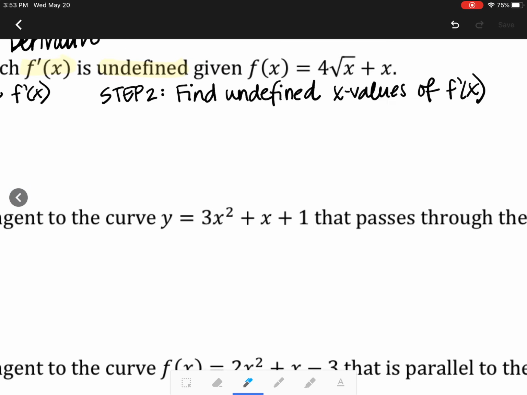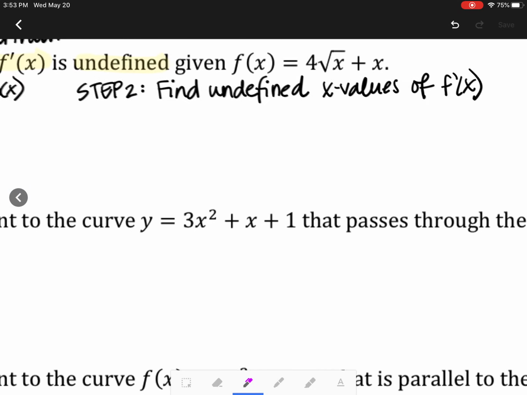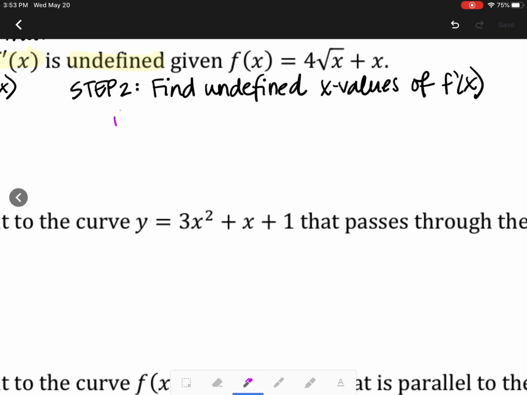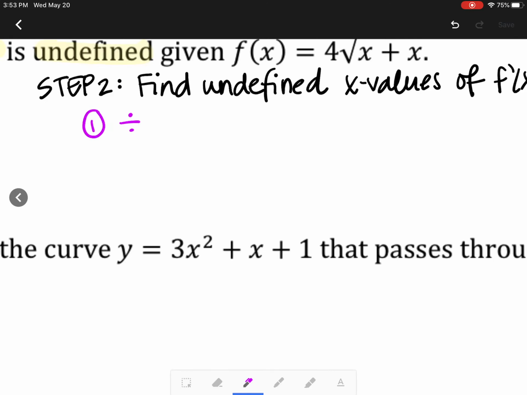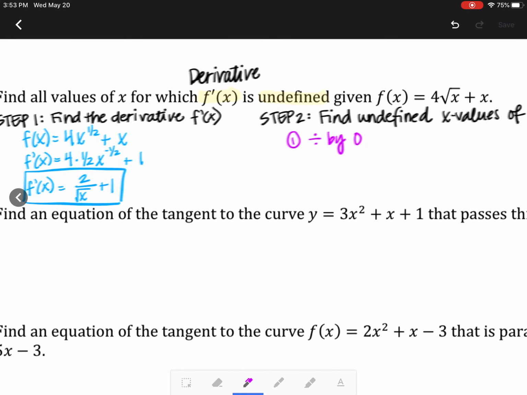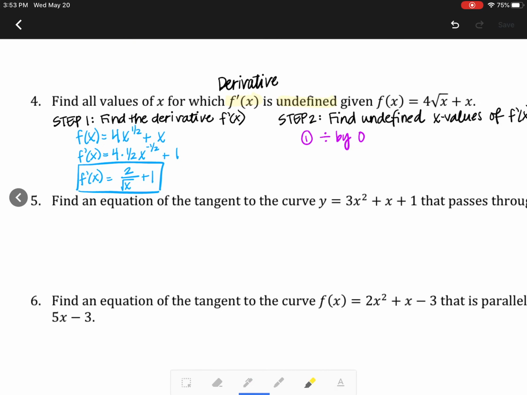But let's just talk through what would cause a function to be undefined. The first thing that we're familiar with at this point is dividing by 0. We cannot divide by 0. So let's look back at our function over here and ask the question, what x value would cause me to divide by 0?